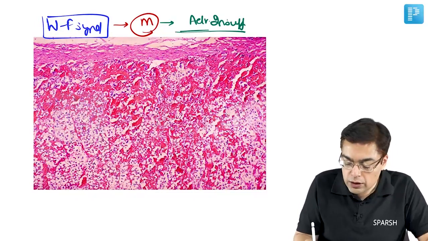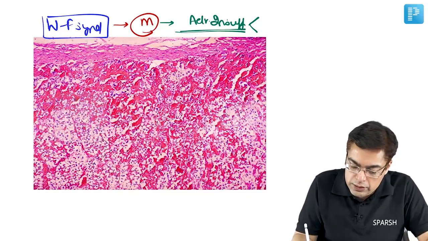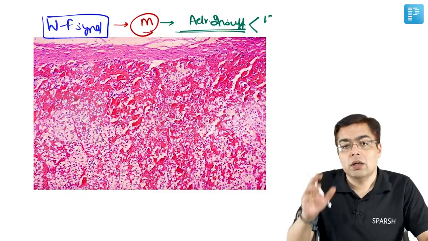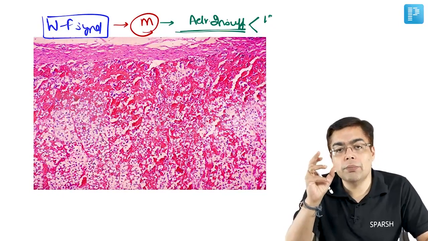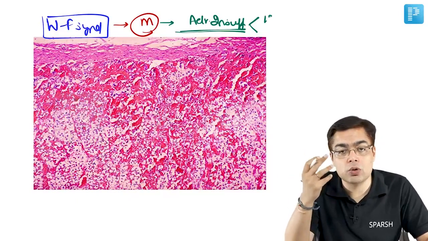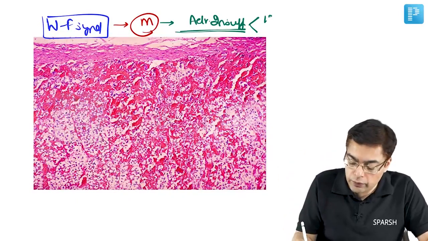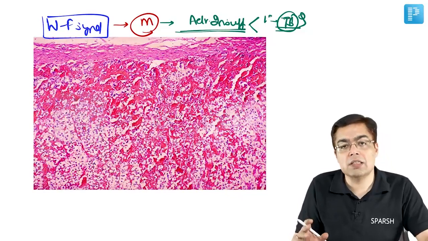The moment we are talking about adrenal insufficiency, that is going to be associated with multiple causes, out of which you need to be familiar with the fact that if you are talking about primary adrenal insufficiency, that can usually be because of an autoimmune cause so far as the Western world is concerned. So they would give you an option as autoimmune adrenalitis. However, when we are talking about our country, it is tubercular adrenalitis which is going to be responsible for causing development of adrenal insufficiency.